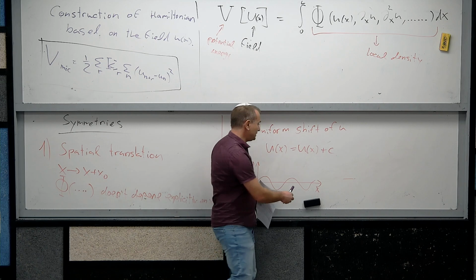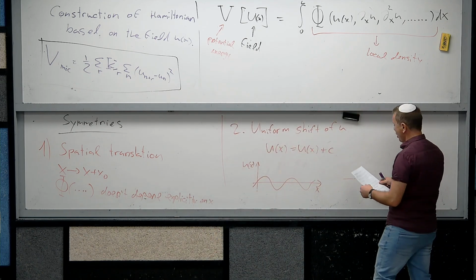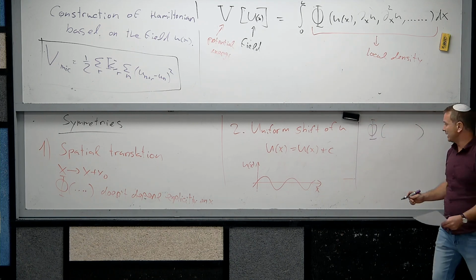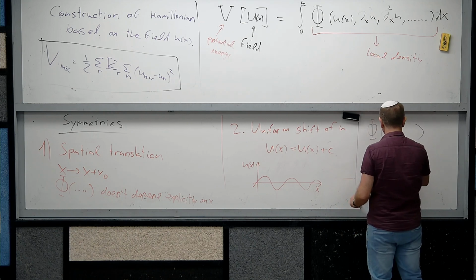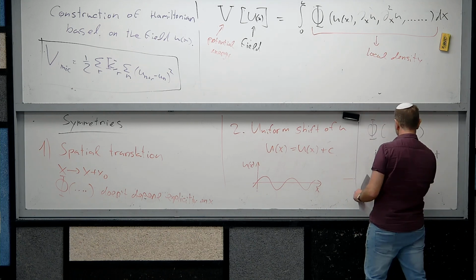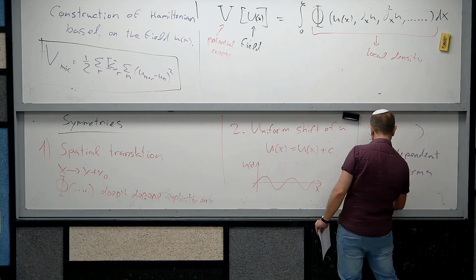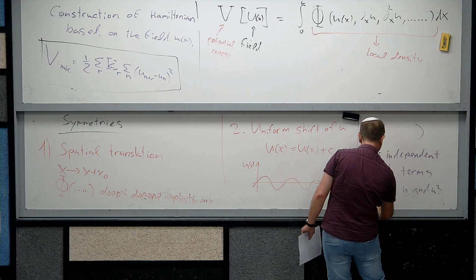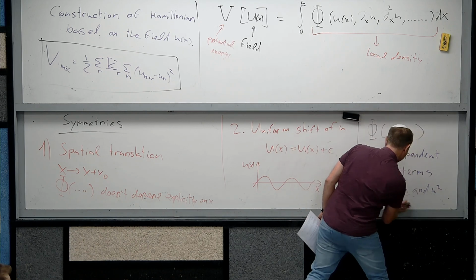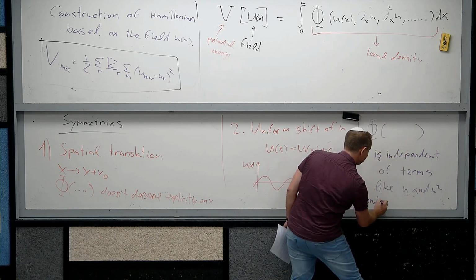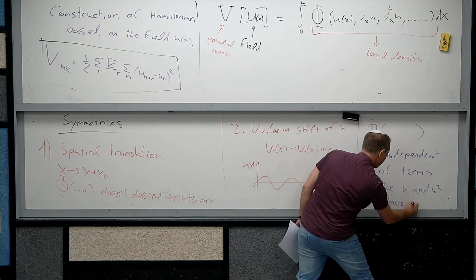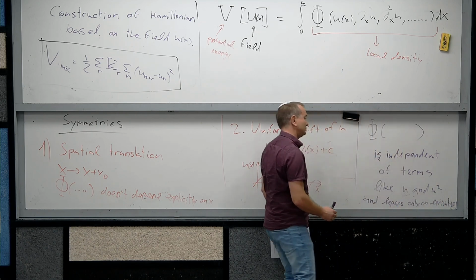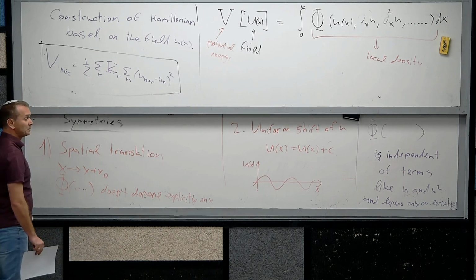What does it mean? This means that phi is independent of terms like u and u squared, etc., and depends only on derivatives of u.